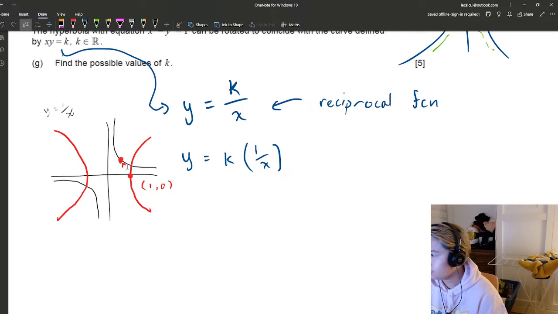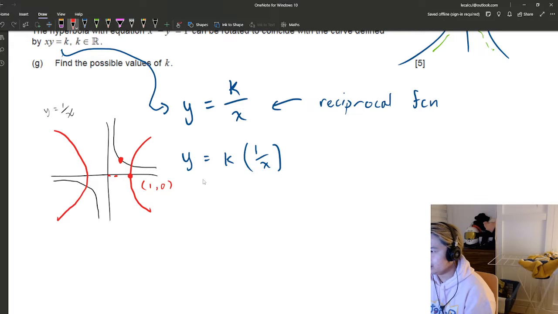So I should find out what coordinates it will turn into, and the way you can do that is a little bit of Pythagoras.